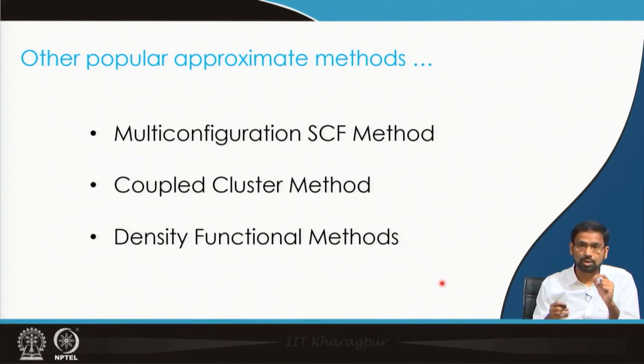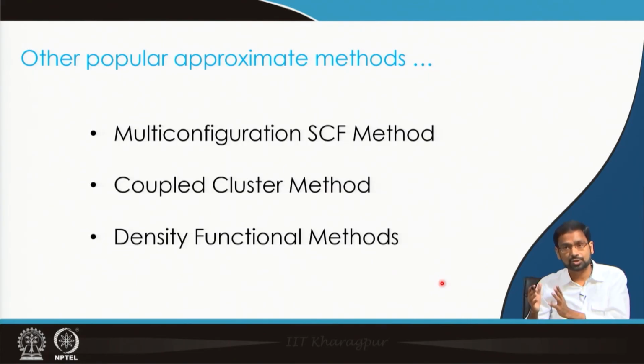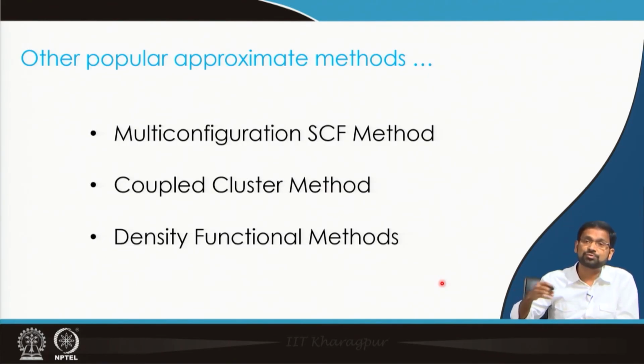In that case, we took only one Hartree-Fock wave function and did electron excitation. So, that was a single configuration. We can construct many different configurations and do similar excitation from all the different initial configurations. That would give rise to the so called multi-configuration SCF method or MCSCF method.